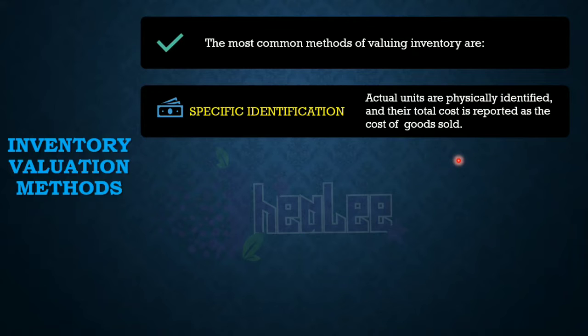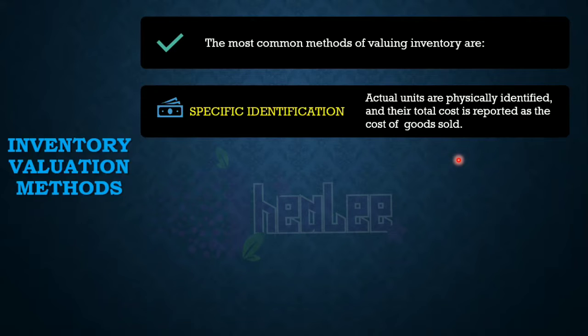It will take a lot of work upfront for a business that practices this type of inventory valuation, and it would not be practical for a business that sells small items such as shoes, t-shirts, etc. It is mostly used by firms that sell larger items such as vehicles, heavy duty equipment, furniture, etc.